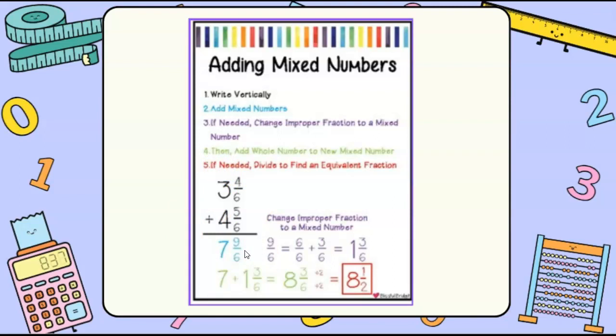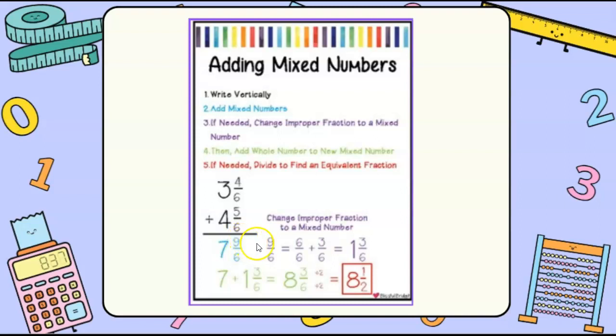However, because 9/6 is an improper fraction, that means the numerator is larger than the denominator, I need to simplify that into a whole and a fraction. I know that 6/6 is equal to 1 whole.